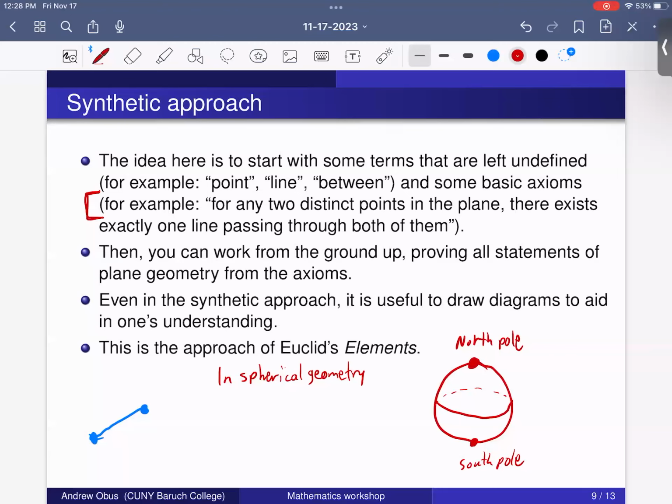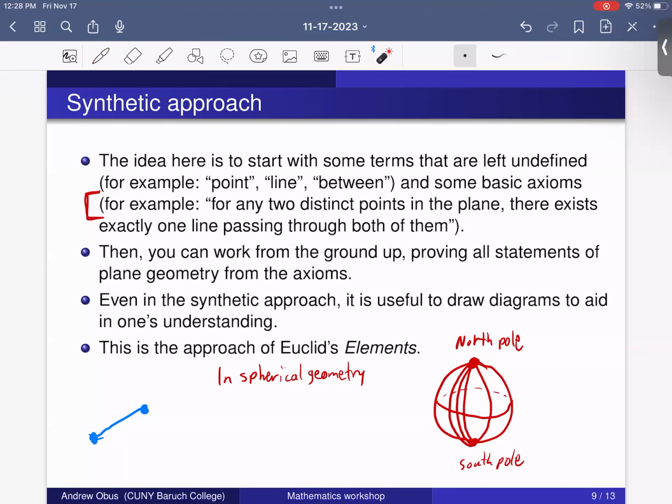So how would I go straight from the North Pole to the South Pole? Well, there's actually a lot of ways. I could traverse any line of longitude that I want to, right? So this is a line from the North Pole to the South Pole, and this is a line from the North Pole to the South Pole, and this is a line from the North Pole to the South Pole. And all of these will be experienced as walking along a straight line, right? You're just going on a straight line of longitude from the North Pole to the South Pole here.